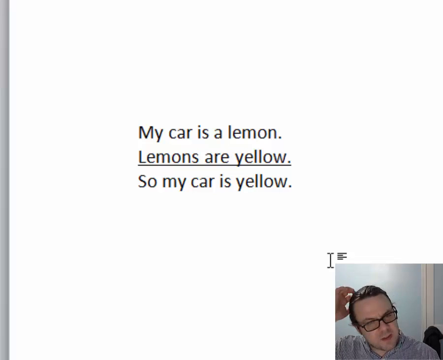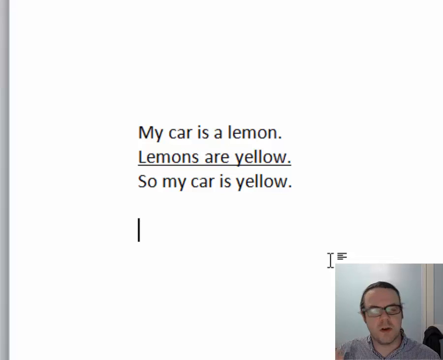It's not always easy to spot different meanings of a word or phrase. In this case, lemon meaning a junker and lemon meaning a piece of fruit are so different that you're not going to get them mixed up. If you have a word or phrase that has different meanings but they're sort of similar, it can actually be tricky to spot the equivocation.